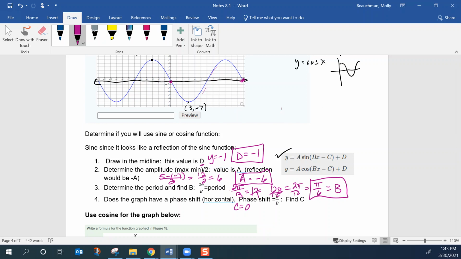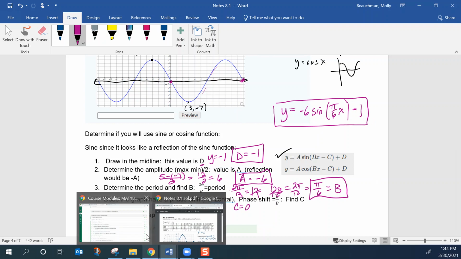Our equation is y is equal to a, which is -6, times the sine of b, which is pi over 6, times x. We don't have c, and then -1. To check and make sure you're right, you can type this into Desmos and make sure that's the graph you get.